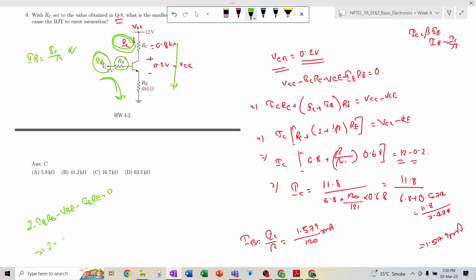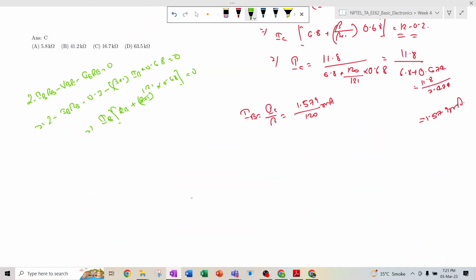Or 2 minus IB RB minus 0.7, and IE is nothing but (beta plus 1) IB, into RE, that means 0.68, is equal to 0. Or if you take IB common, then you will get RB plus (beta plus 1), that means 121 into 0.68, that is equal to 0, right?